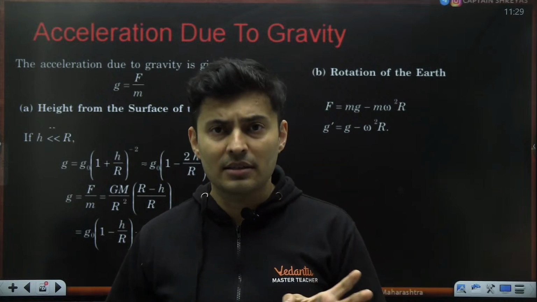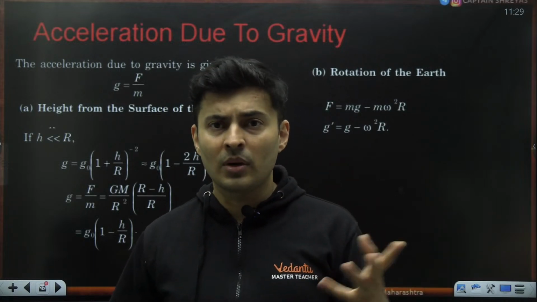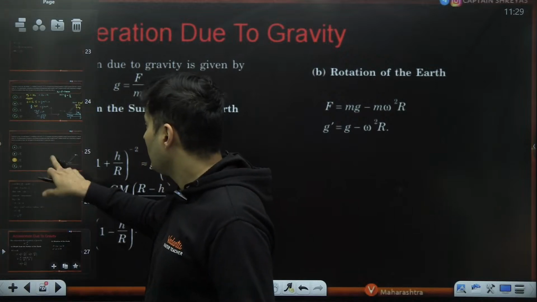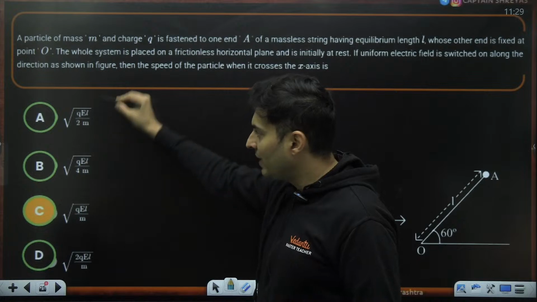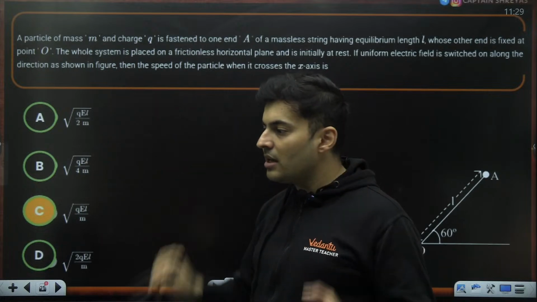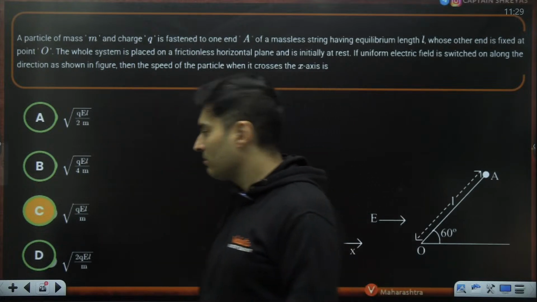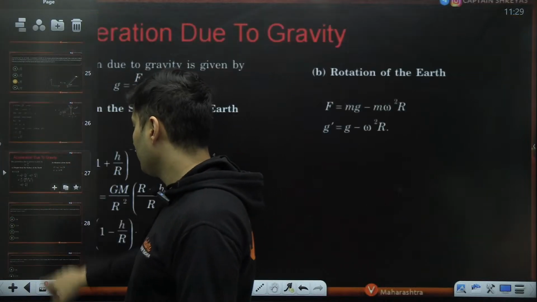So only in those cases, otherwise negligible. And just look at the options. Most of the time options will give you the hint, nowhere G is there. So that will immediately tell you that, listen, ignore the gravitation.